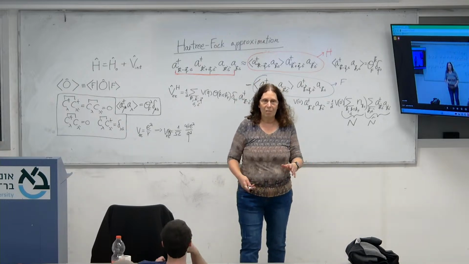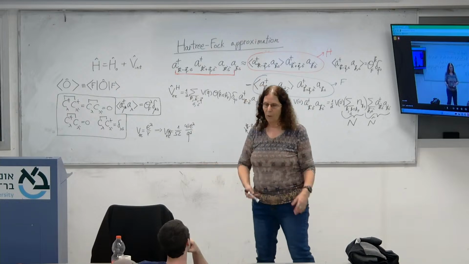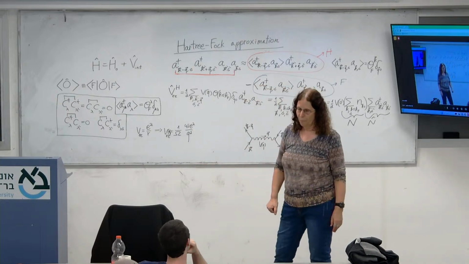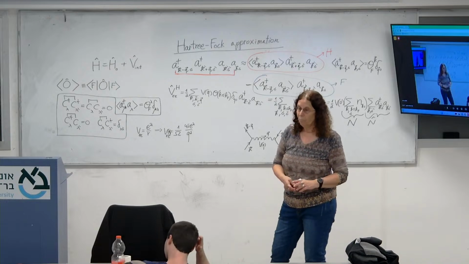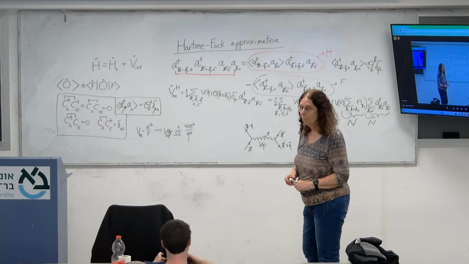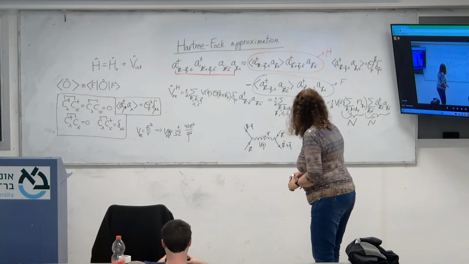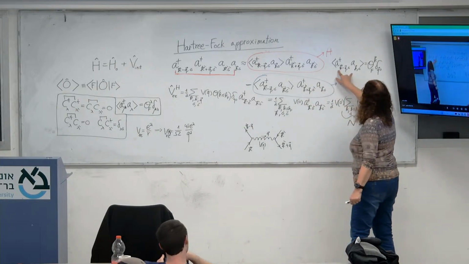It is just 0. If I add the interaction with the ion, it's just 0. Yes? So why is it interaction only with the electrons below the terminal? Yes, that's because this is the only contribution.